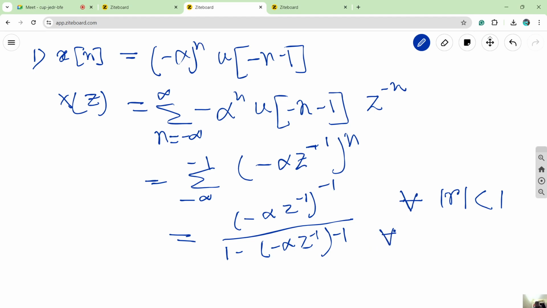This is true for, here r is this whole term. So for alpha z inverse whole inverse, this r less than or equal to 1.